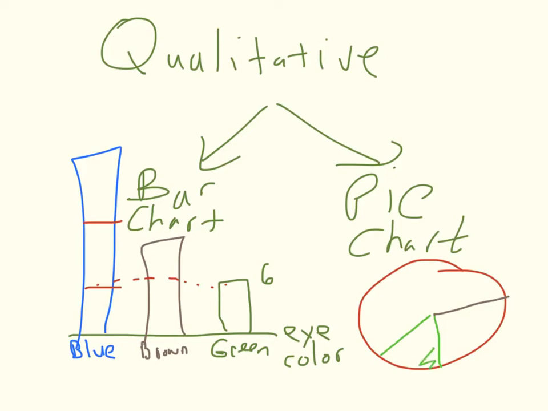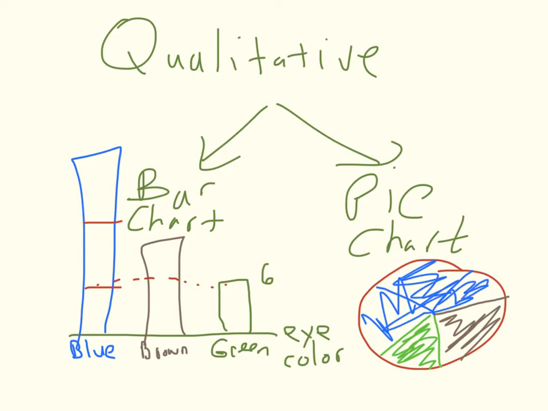All right, so this is green eyes. This would be brown eyes. And then the big zone would be blue eyes, which looks like it's about 3 times the size of the green.